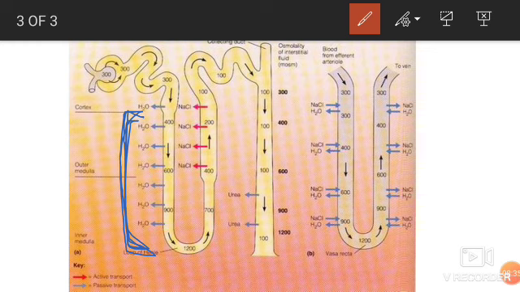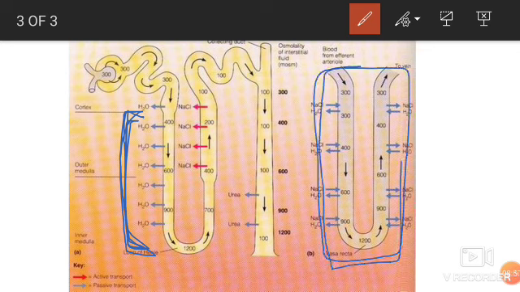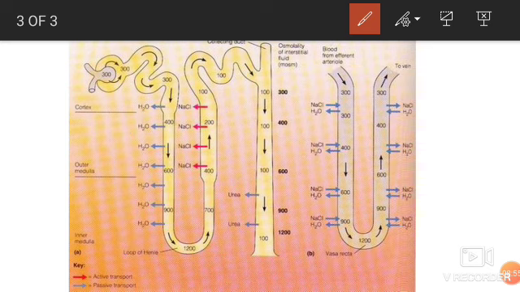So the water is reabsorbed, whereas sodium cannot be reabsorbed, because the water is going out of the tubule, out in the sense that it is going into the blood vessel. This we will talk about in a few minutes. First we will see this descending limb. It is fully permeable to water, so water goes out.